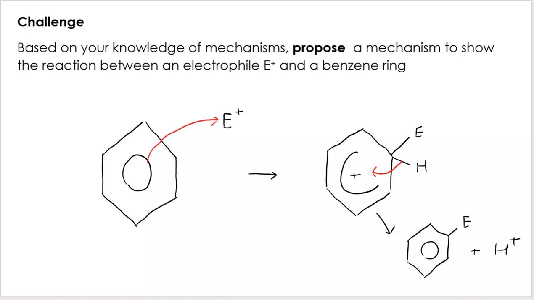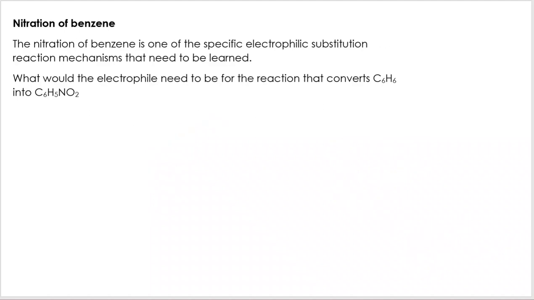Electrophilic substitution. Now, one of the specific examples that you need to look at for this is the nitration of benzene. I want you to have a think about what my electrophile would look like to get nitration of benzene. That's an NO2 replacing the H, and then have a go at doing the mechanism.